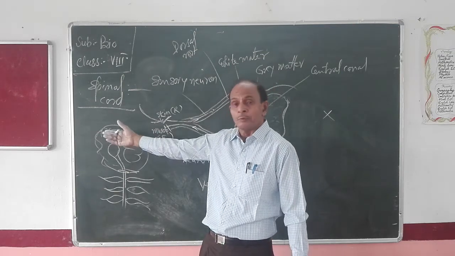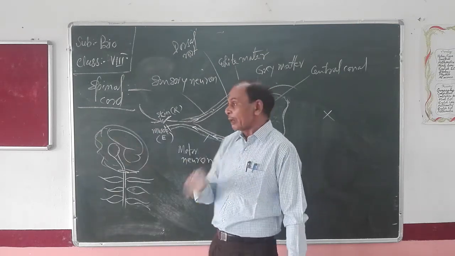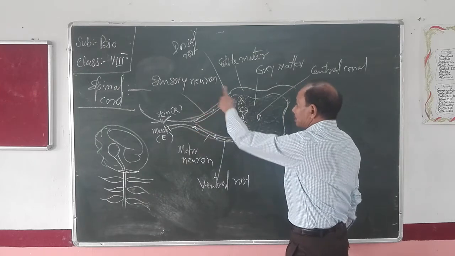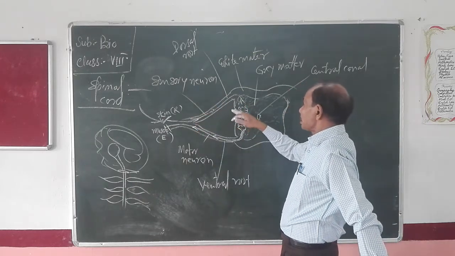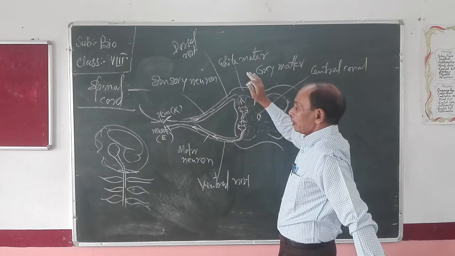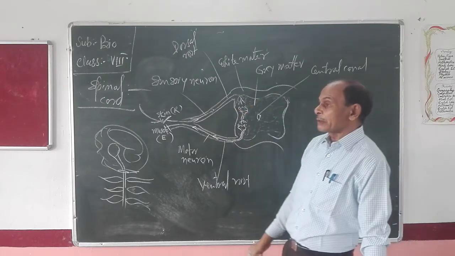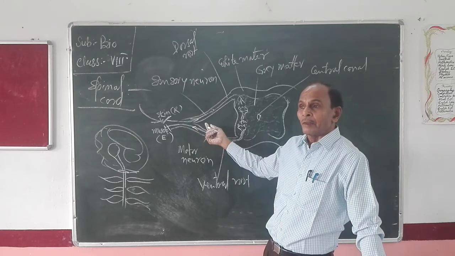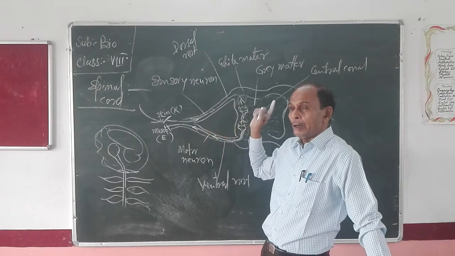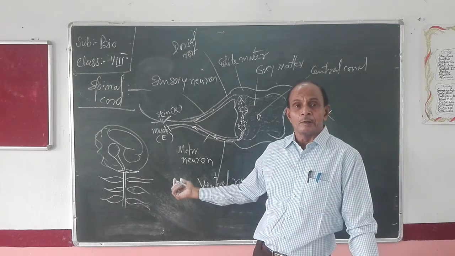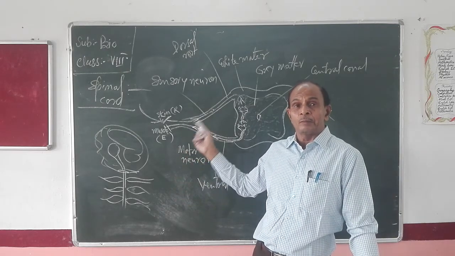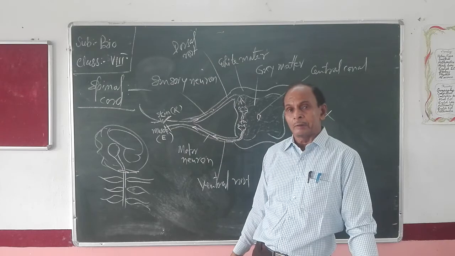So this is also an example of reflex action, and it is controlled by this type of action. So you have seen the spinal cord is the main part of our nervous system. Its importance is just like the brain, and it controls all reflex actions, and thus it provides protection to our body from harmful stimuli. Clear?